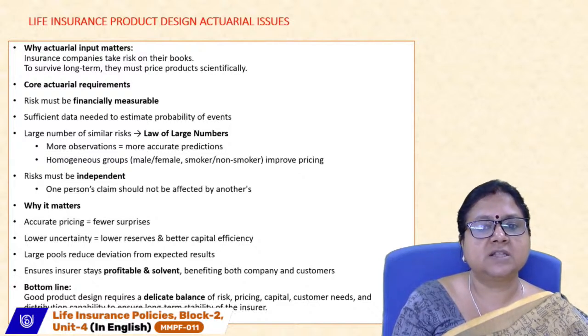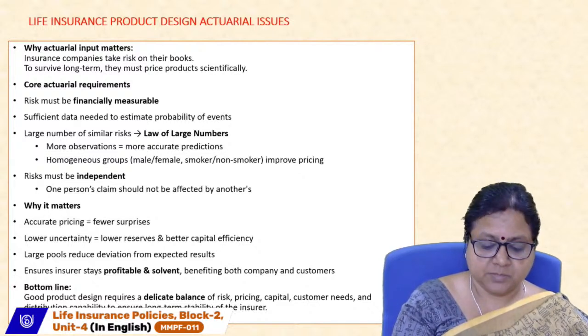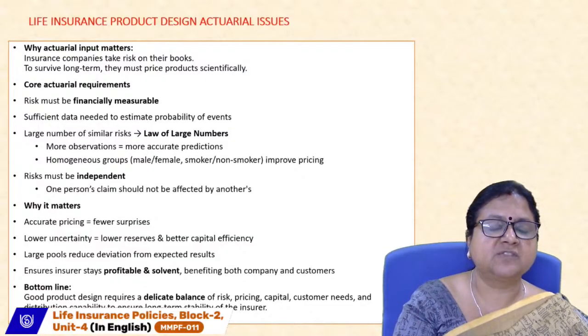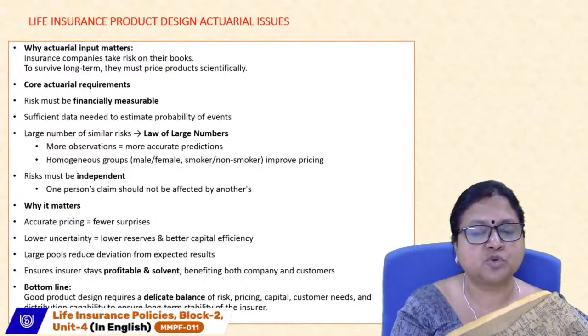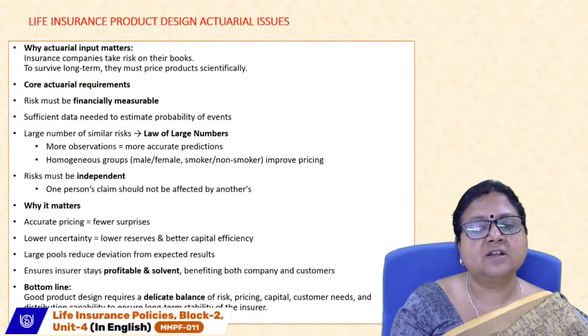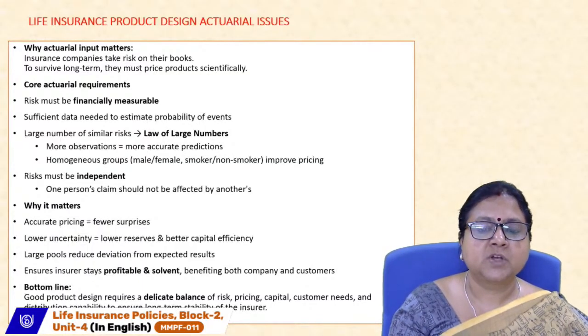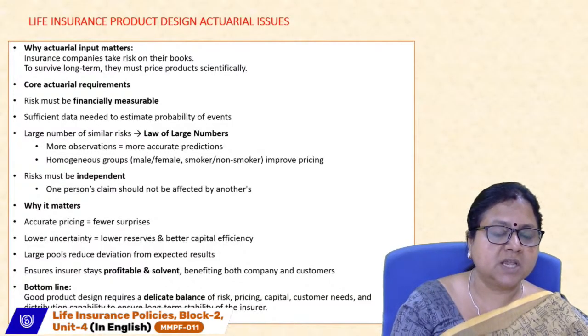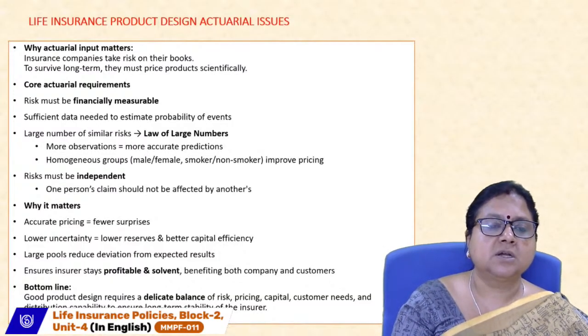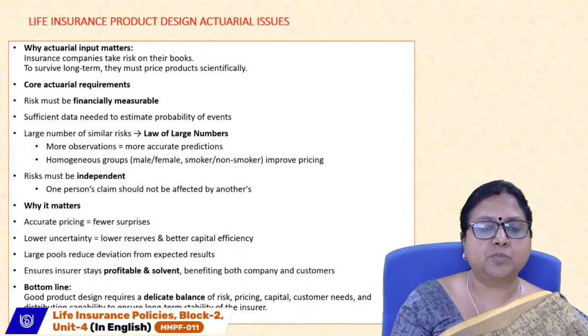We should understand the characteristics of different groups of people, like a homogeneous group, male or female, smokers, non-smokers, so that we can finalize the pricing. Pricing is nothing but the premium that is to be paid by the policy holder.